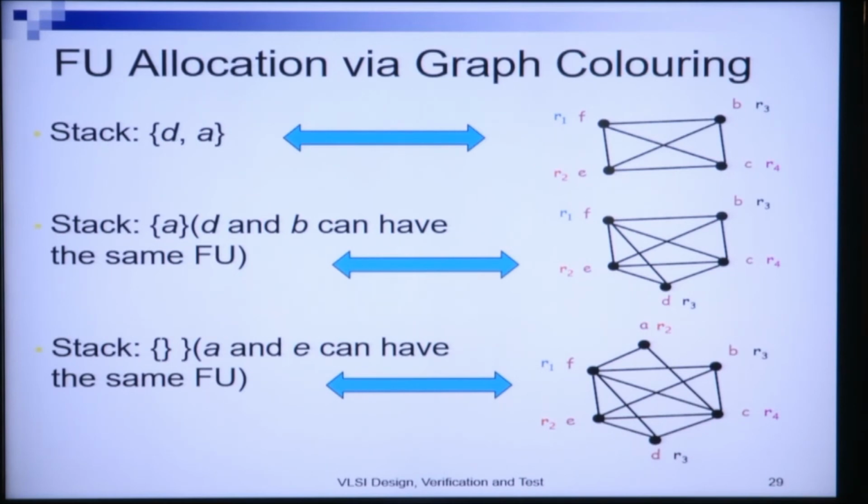Hence, I have been able to allocate all the operations of my operation constraints graph using 4 colors, by obtaining a coloring of the conflict graph using 4 colors.